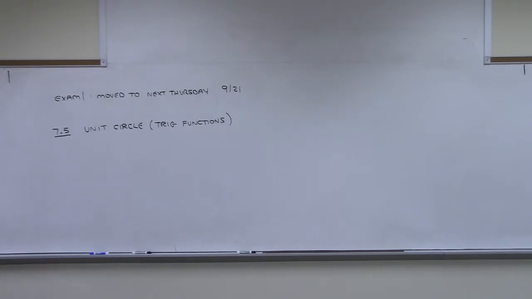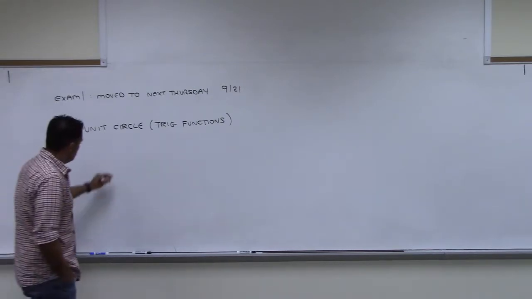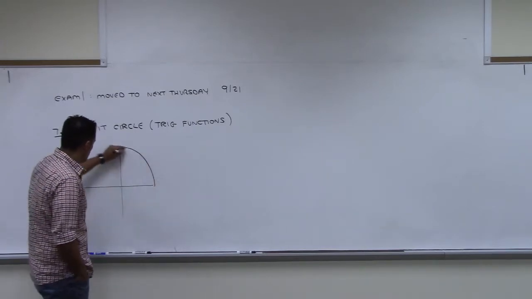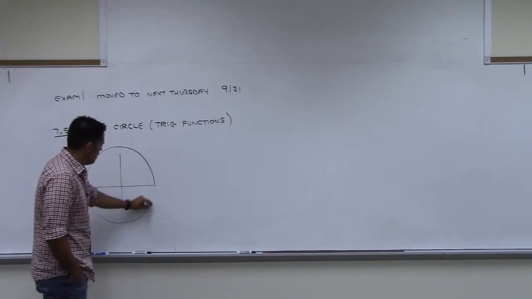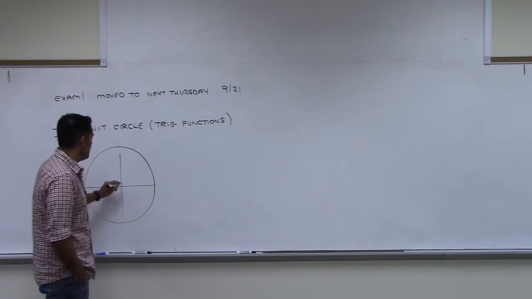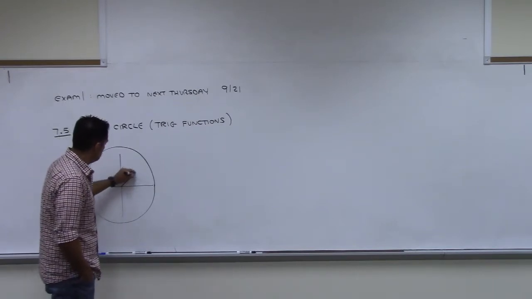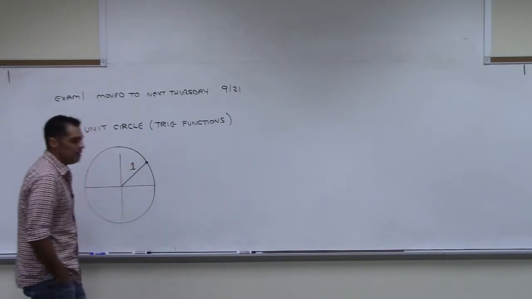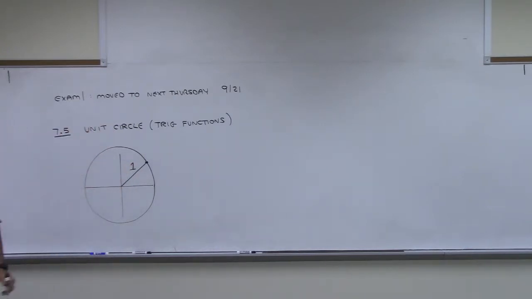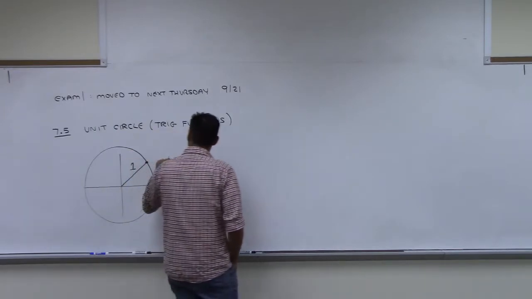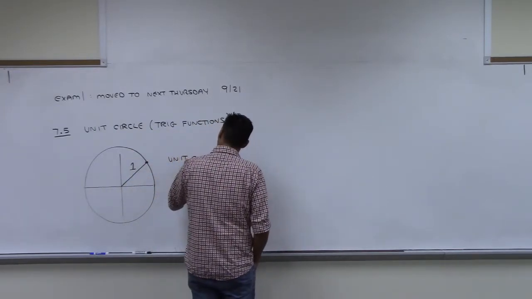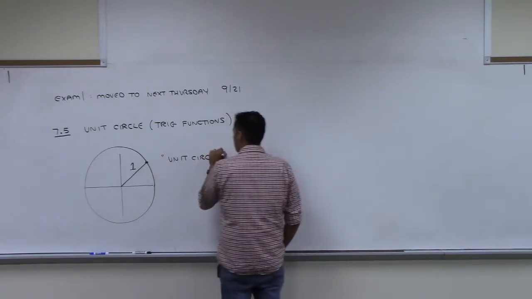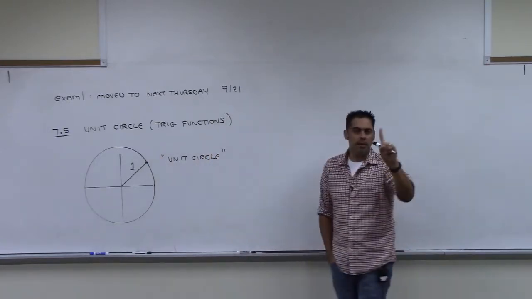Yeah? Okay. So a circle that is centered at the origin, that has a radius of 1. So that's 1 unit, is called a unit circle. And unit standing for 1, all right?